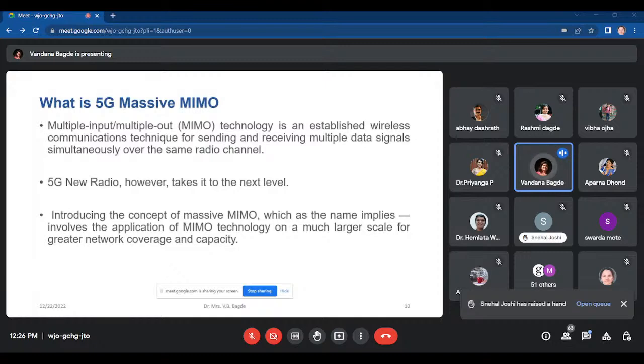So introducing the concept of this massive MIMO, where the name implies it is an application of MIMO technology. MIMO, I hope now you might have got the feel of what exactly a MIMO is. It is a multiple input, multiple output deployment of the transmitters and receivers for covering a huge network and a greater network capacity.